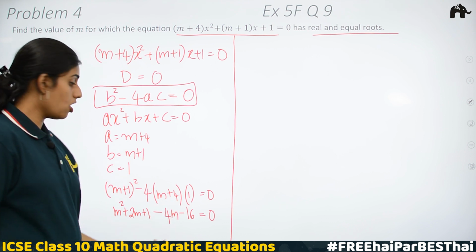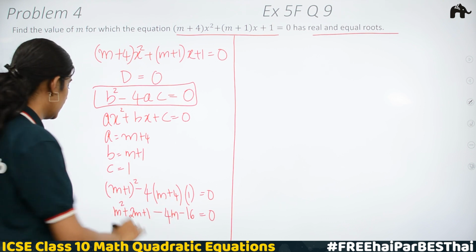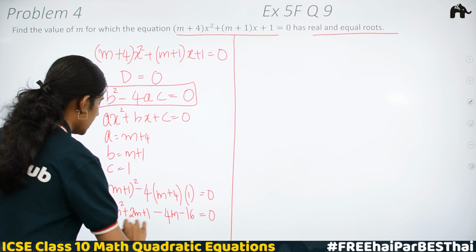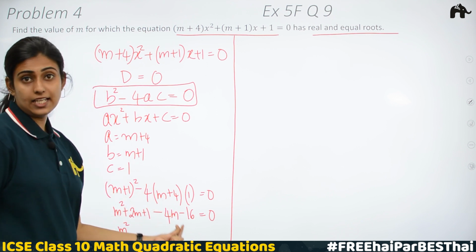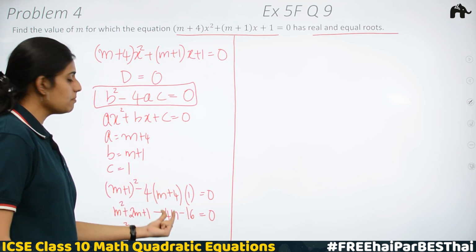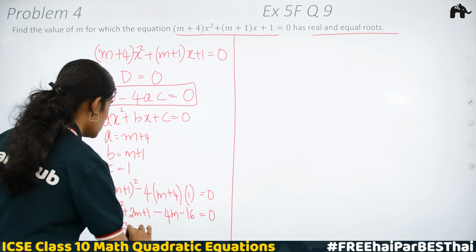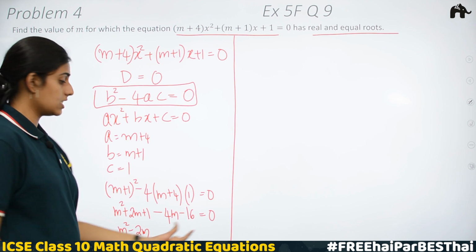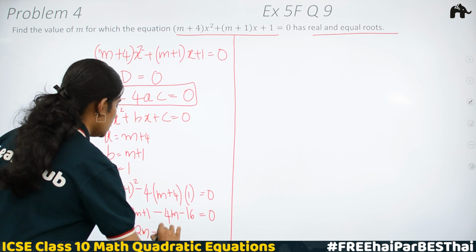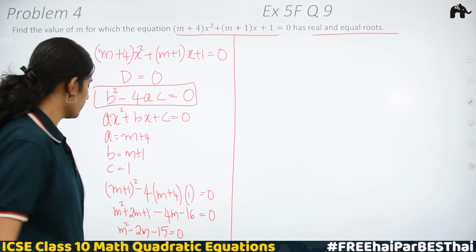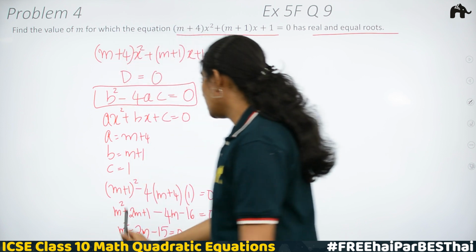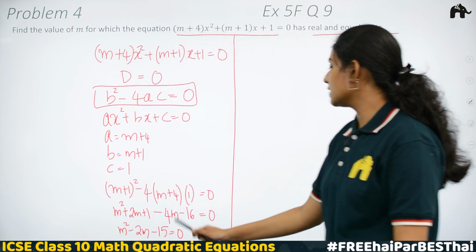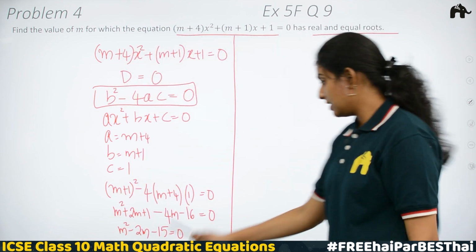Taking all terms containing m², here we have m². Then terms containing m: 2m and −4m, that is −2m. Then 1 and −16, that is −15, is equal to 0. Okay, m² − 2m − 15 = 0.